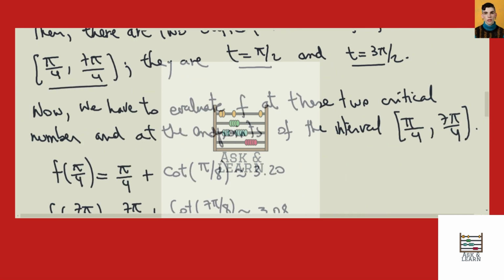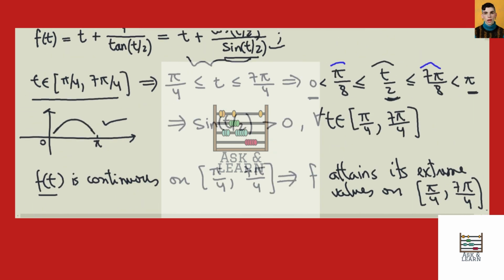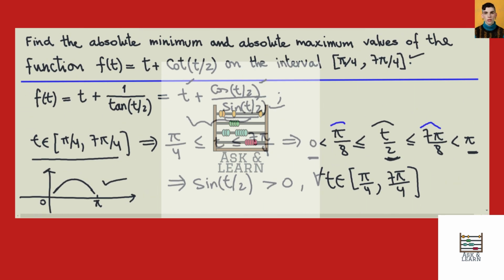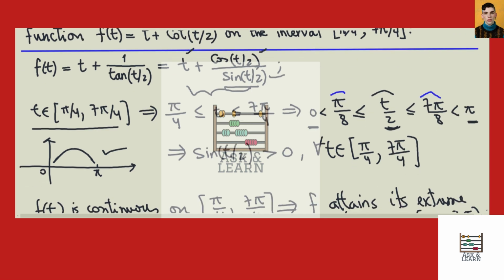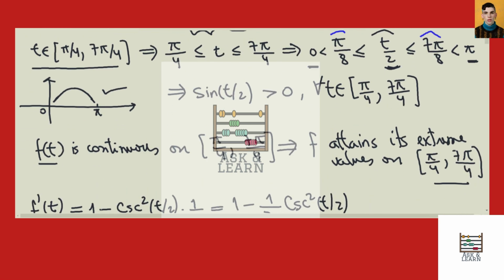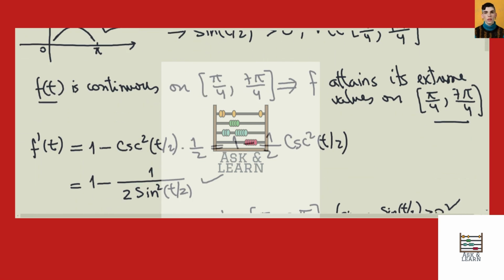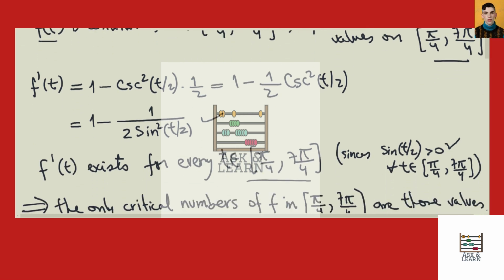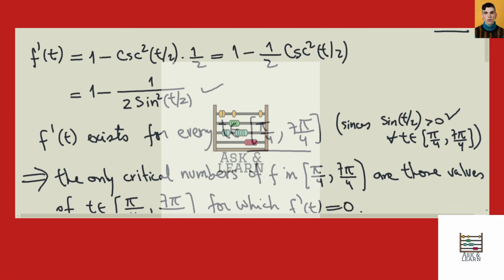And we recall what we did here. First of all, we analyzed the function to see that it is well defined, and also continuous on the given closed interval, and for that reason we know that the function attains its extreme values, either at the endpoints of the closed interval or at the critical numbers of the function in that interval.